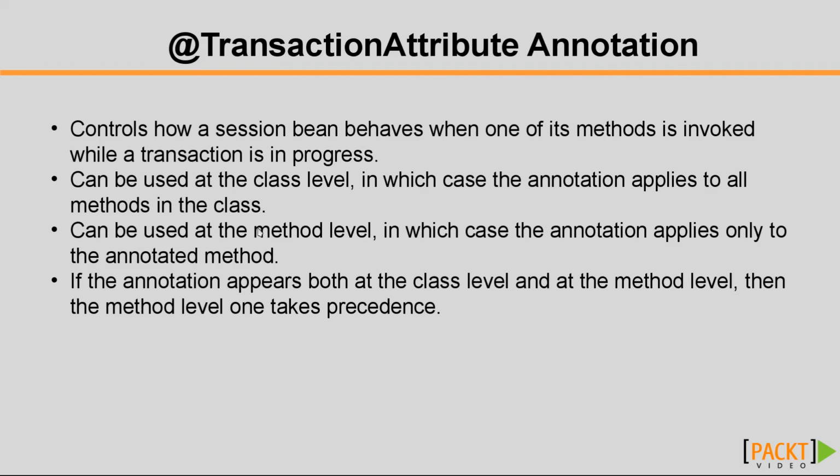And we can also annotate individual methods, and in this case the annotation only applies to the method that's being annotated. If we have the transaction attribute annotation both at the class level and at the method level, then the method level one wins or takes precedence, since that one is the more specific one of the two of them.